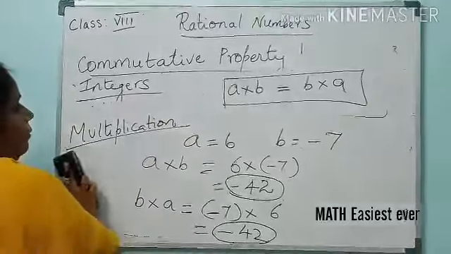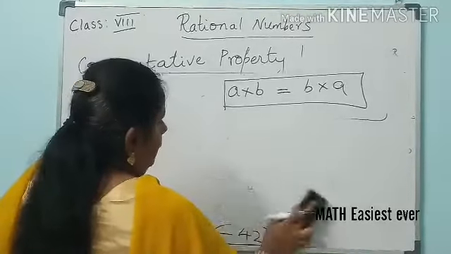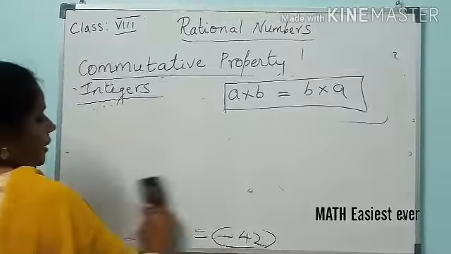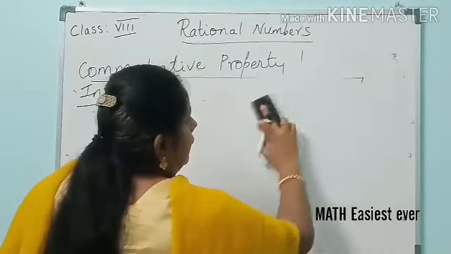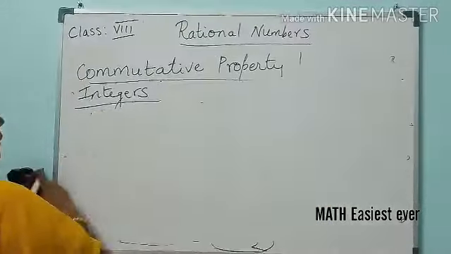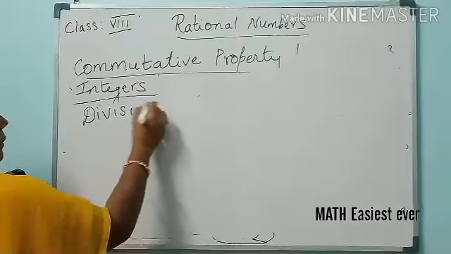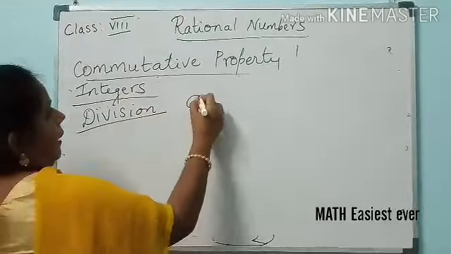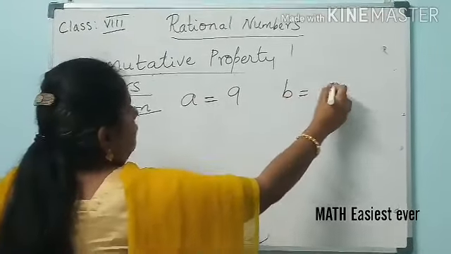Now, we'll see division, whether it's commutative or not. Let's take an example for division. I'll take my A as 9 and B as 4.